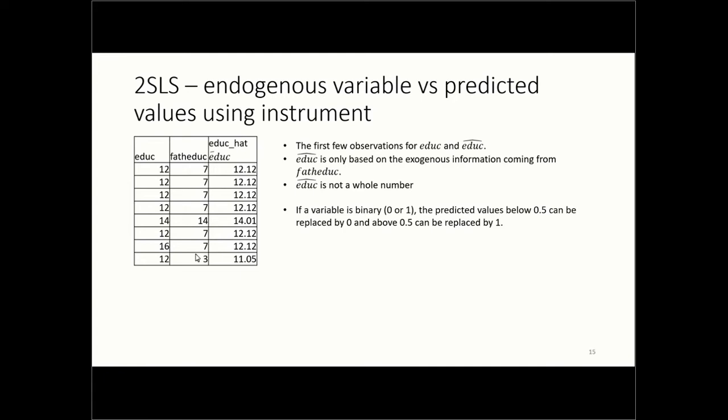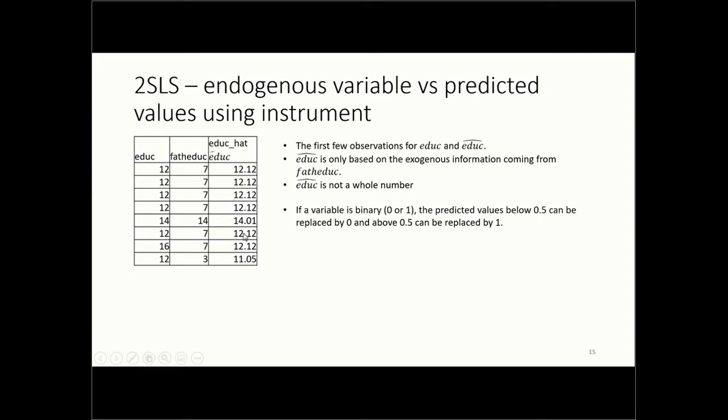Another thing to point out here is that these numbers for education hat are not necessarily whole numbers. Some authors may choose to round them before they use them in a second regression. Some may choose to leave them like that. So we can also have a variable that's binary, a 0, 1 variable. And if we have predicted values below 0.5, they can be replaced by 0, and above 0.5, they can be replaced by 1.